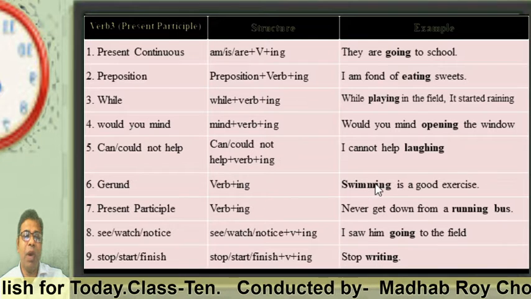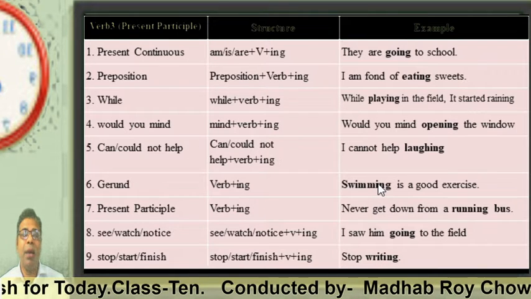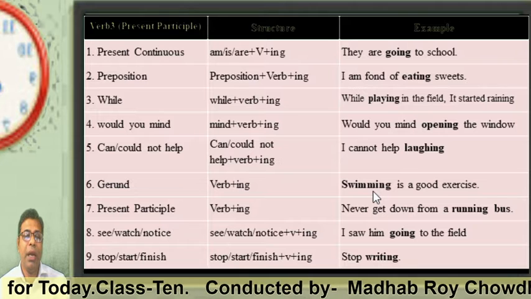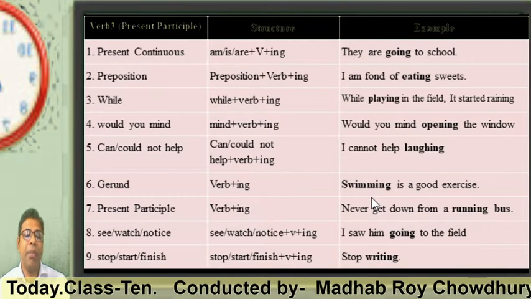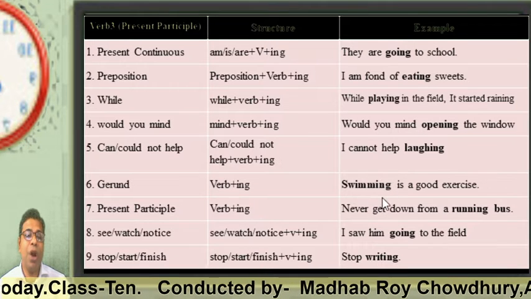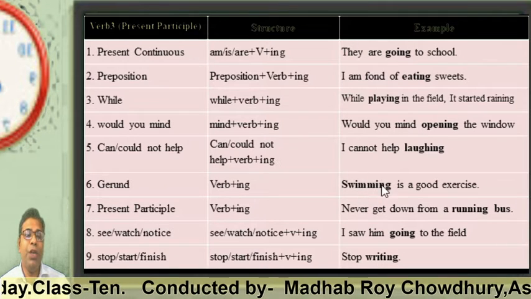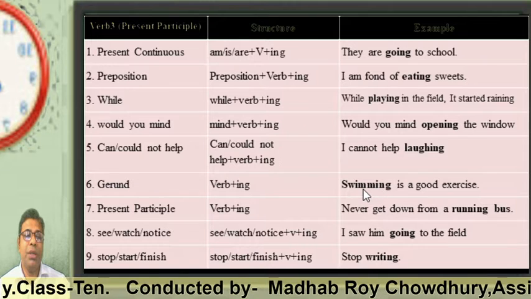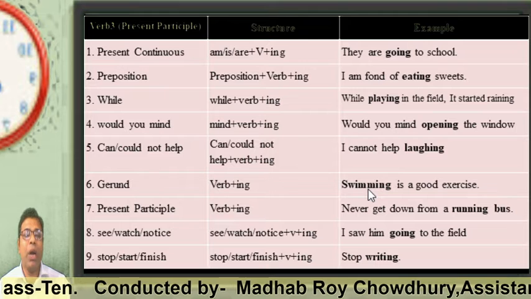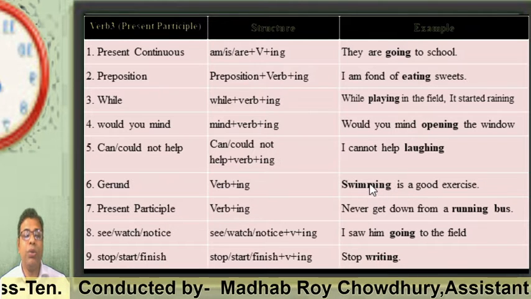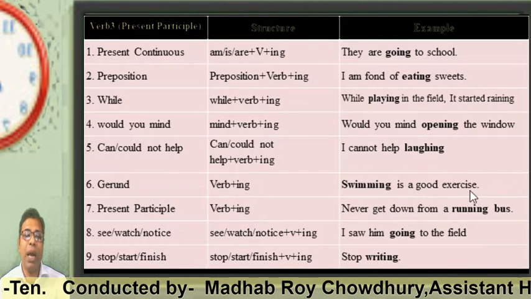Swimming is a verbal noun and it implies completion, isn't it? Then this is static. That means this is not continuing. That's why this is used as a gerund and works as a noun and verb and also subject. Swimming is a good exercise.